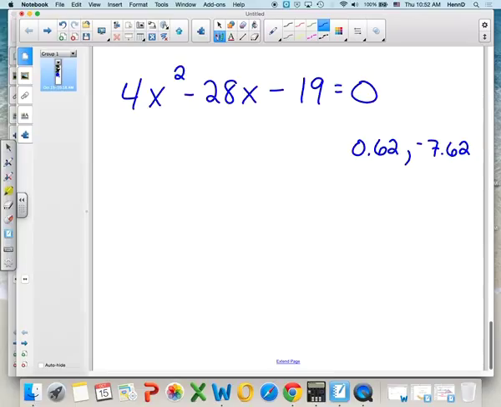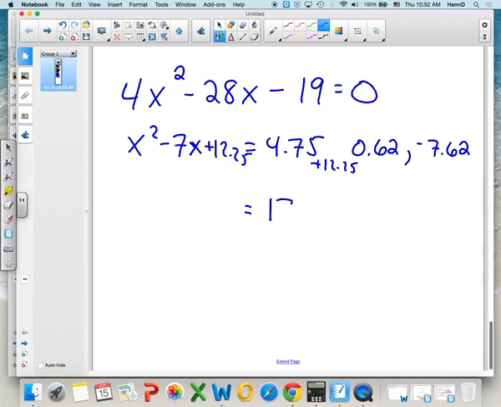Let's divide the whole thing by 4. So you get x squared minus 7x minus 4.75. Actually, just to save one step, let me go ahead and add that 4.75 to the other side. So we have that. Now you have to do the b over 2 squared. 3.5 squared is 12.25. So you have to add 12.25. And that gives you 17.